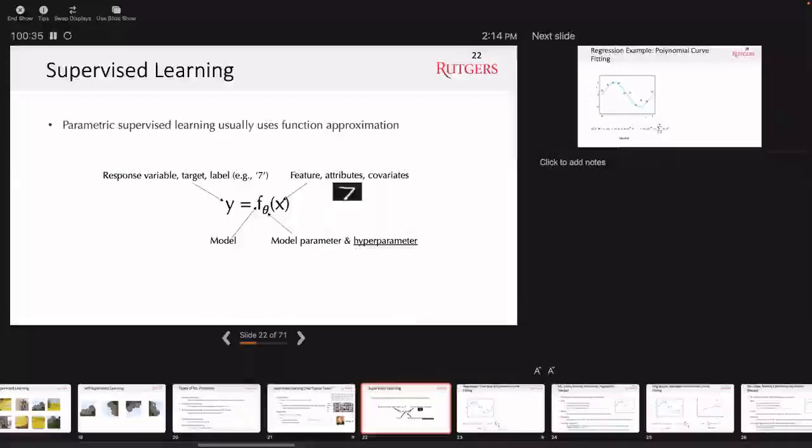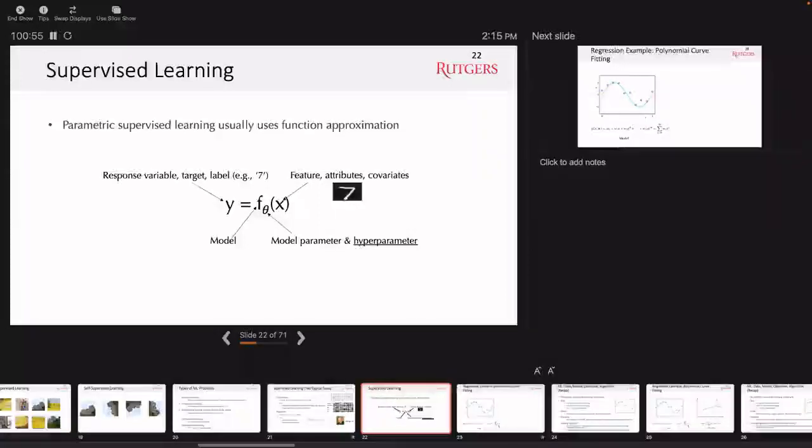And a concrete example would be the model f can take an image of a digit 7 as input, right? And the output of the function can be digit 7. Right? So this y says that this is digit 7.